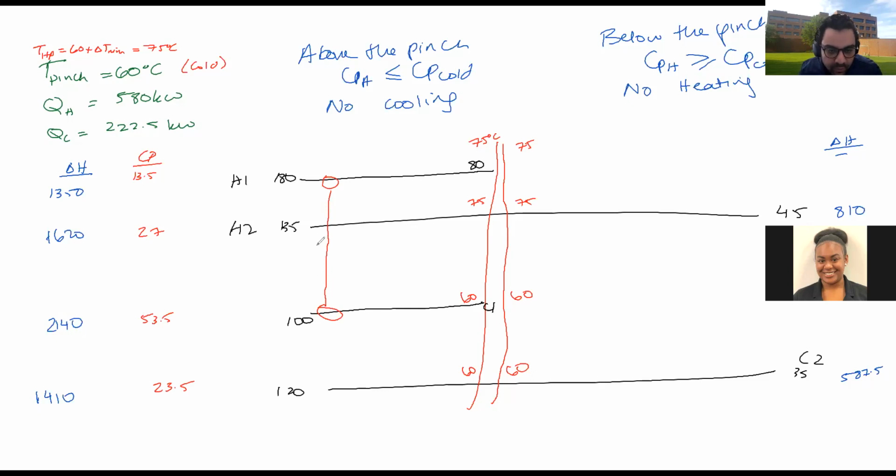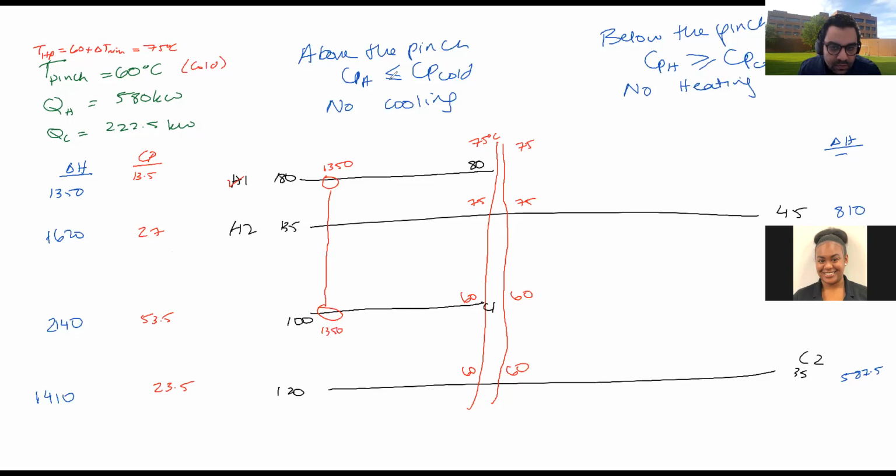So I'm going to transfer all the energy from this hot stream to the cold stream, all the 1350. This means that H1 is done, so I don't need to worry about it. All its energy requirements are satisfied. And for this cold stream, I transferred 1350, but I still have some heat left in this guy. Okay, we'll deal with it in the end. So now let's look at H2.